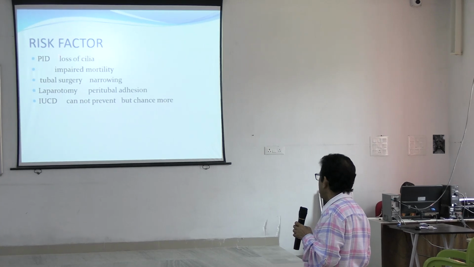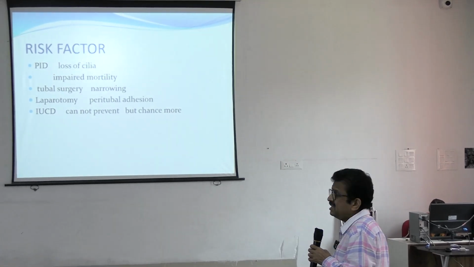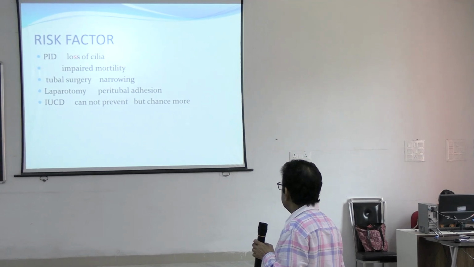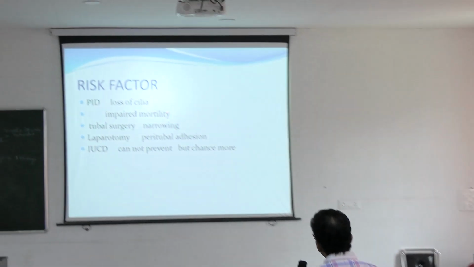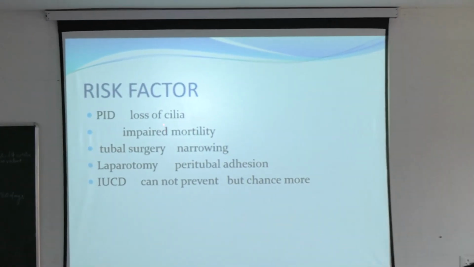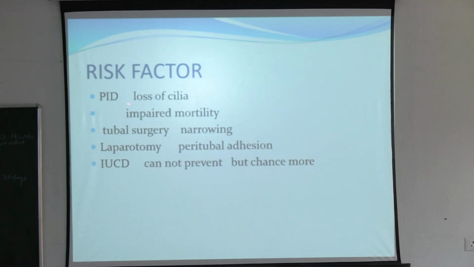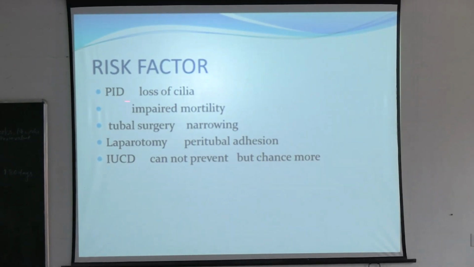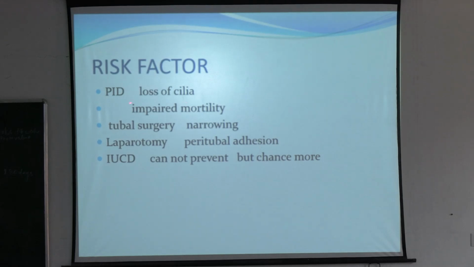So there is loss of cilia, and because of the perisalpingitis, it will cause impaired motility. Because of the loss of cilia and the impaired motility, both these factors cause the lack of transport of the fertilized ovum from the tube to the uterus. So that will lead to ectopic pregnancy.